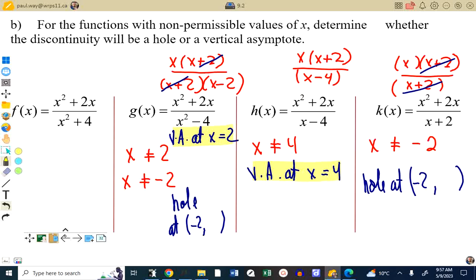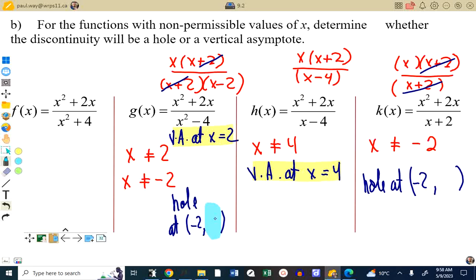How do I find the y coordinate of the hole at negative 2? And for you calculus people, you don't have to do limits. You could if you wanted to, but that's not where we're going with this. How do we find the y coordinate of the hole? How do we find this number? Yeah. You put negative 2 into the reduced function.